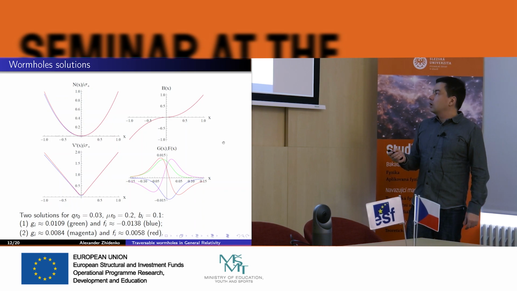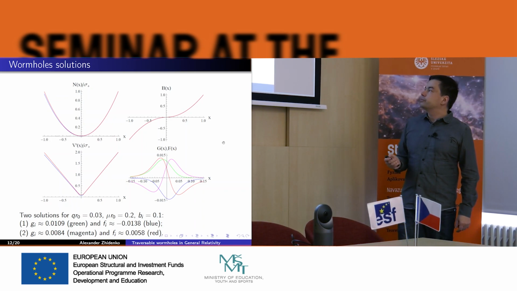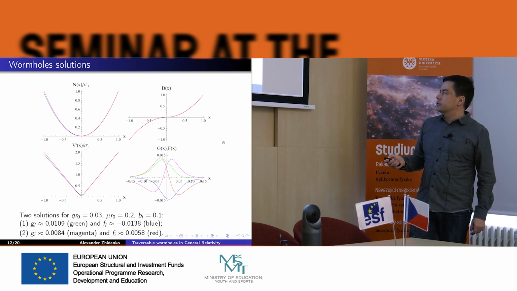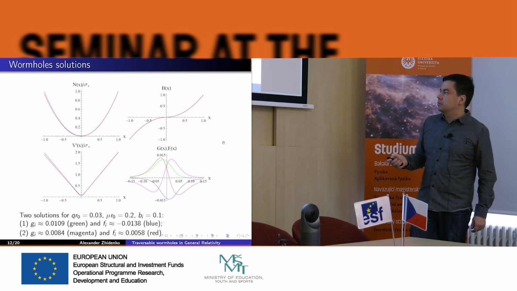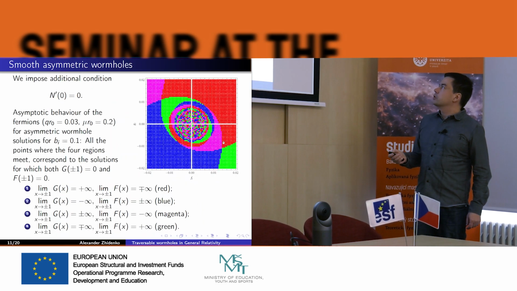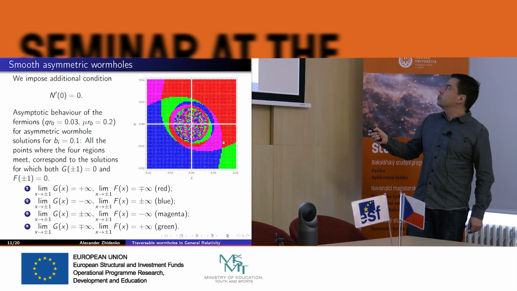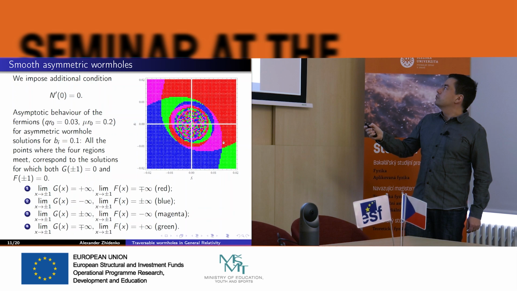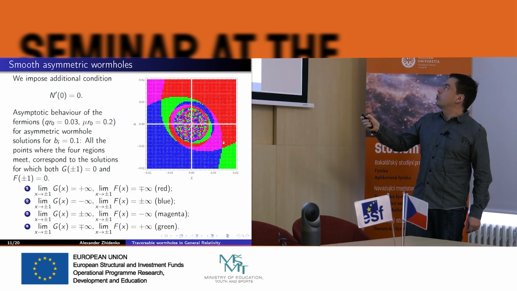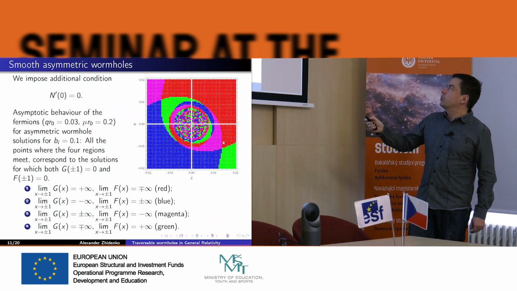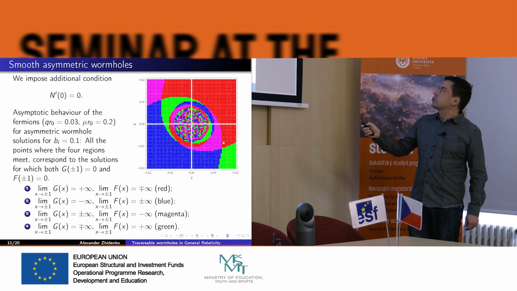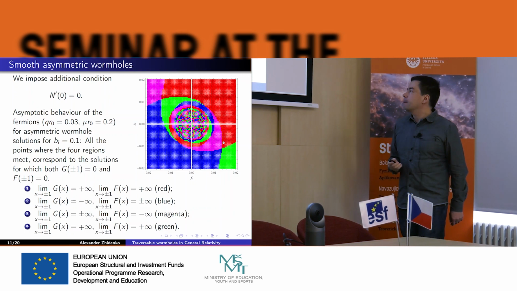And we see that for the given parameters, for the given charge, mass and bi, we also have different solutions corresponding to different intersections. This point, for example, and this point. And probably we have infinitely many, but other solutions are much harder to localize numerically.